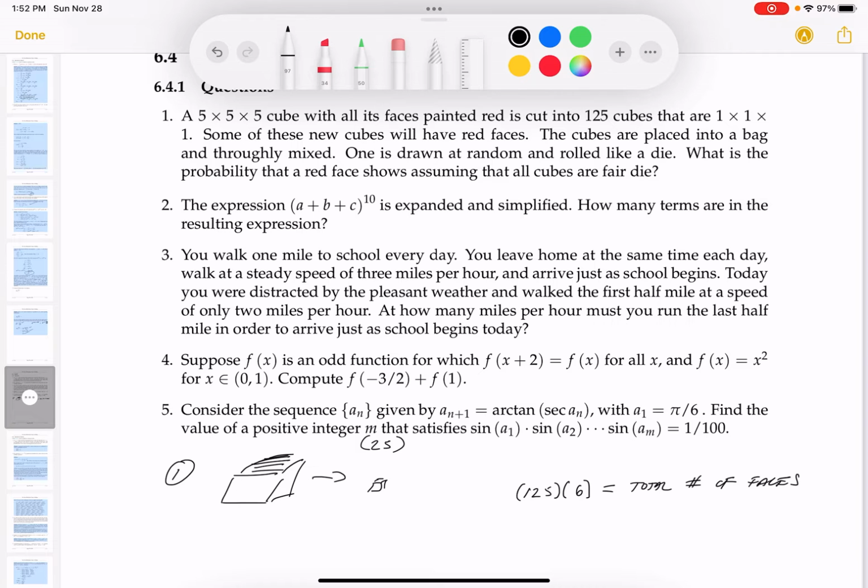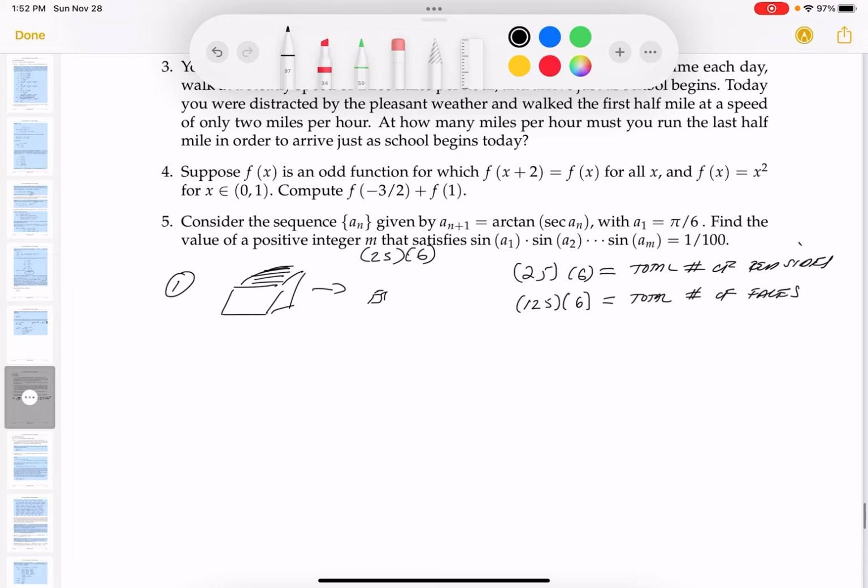But now there are 6 sides to a cube, so 6 times 25 would be the total number of red faces. Let's write this down.